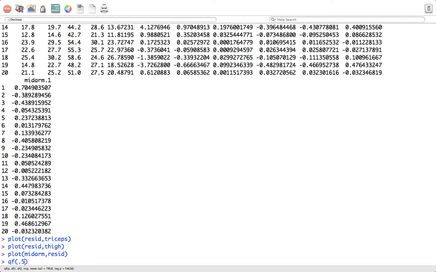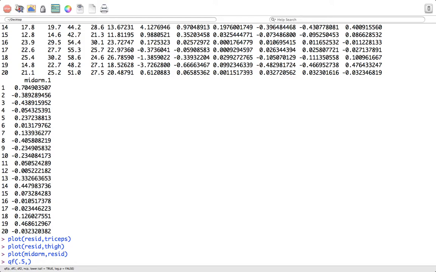I'd like to find the value in this distribution that's at the 50th percentile, because if I recall correctly, for Cook's distance, the 50th percentile was where we raised concern.